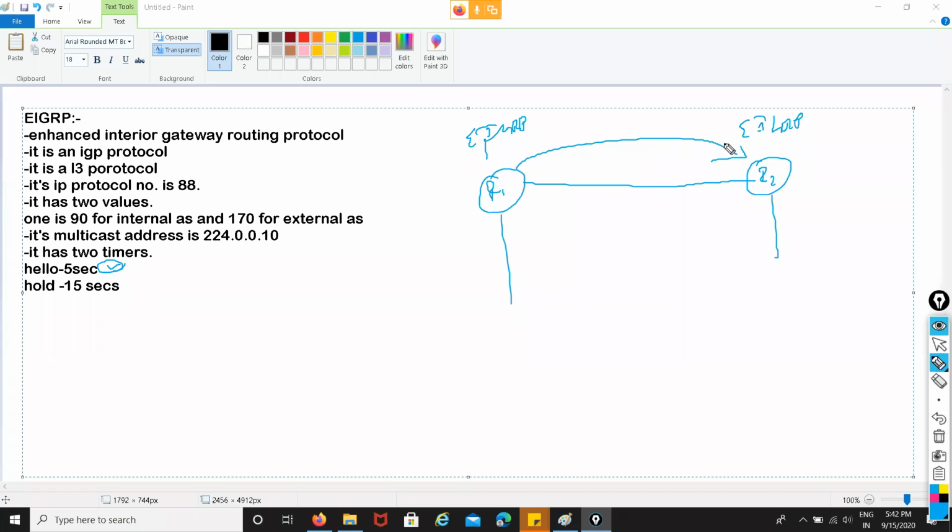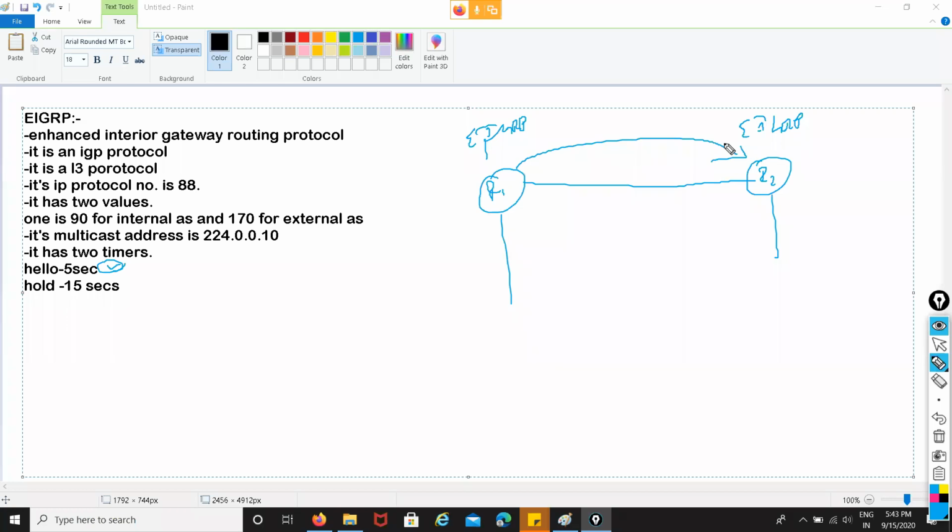The purpose of the hello packet is to create neighborship and to check whether EIGRP is enabled on the other side device, and whether the connection established between the devices is active. So the devices periodically, every 5 seconds, exchange specific packets named hello packets.